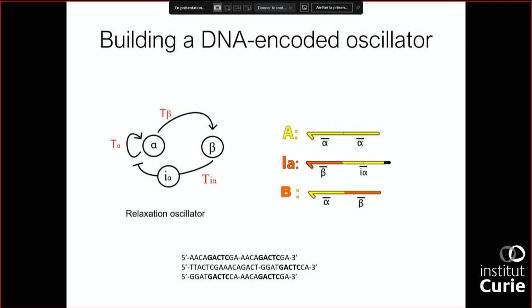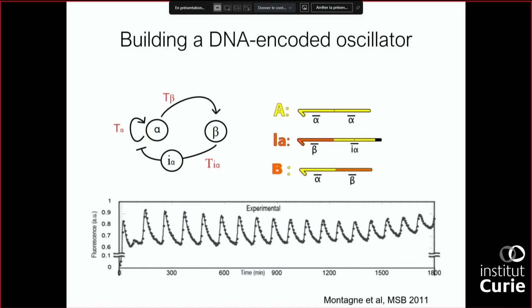So here the chemistry that we use is DNA processing chemistry. Those are not super fast enzymes. They are fast, but not super fast. And so this is going to more or less control what we get in terms of kinetics. And you will see on the next slide the result of this particular experiment. So when we order these DNA strands and we put them in a tube, we indeed observe oscillations.